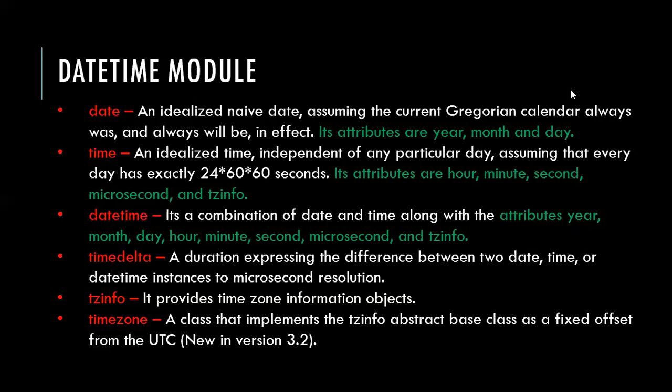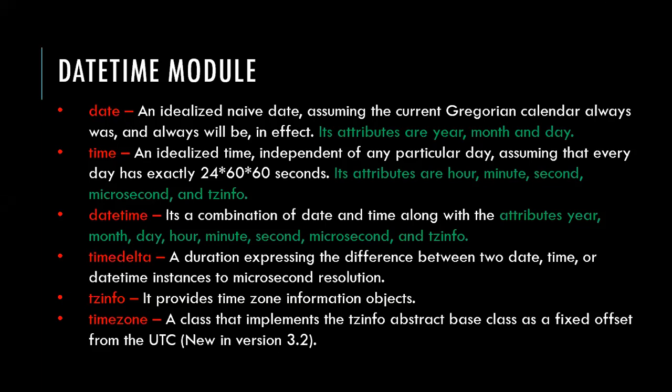Yes, timedelta. Now these 4 classes we will discuss. Even though we have 6 classes here, for us the important ones are the first 3 classes, and the next 3 classes are provided to support the first 3 classes. Now we'll discuss these 4 classes in our program.